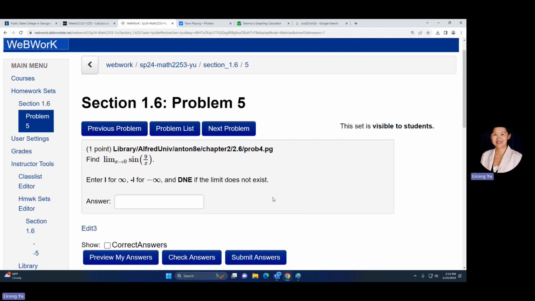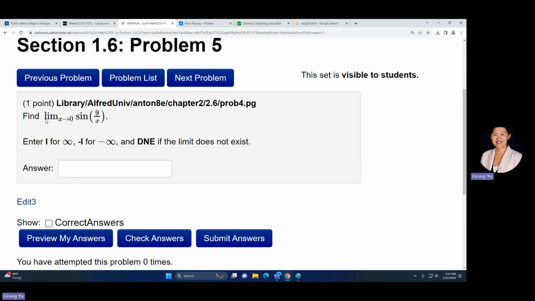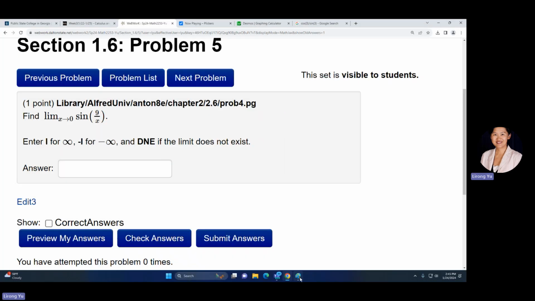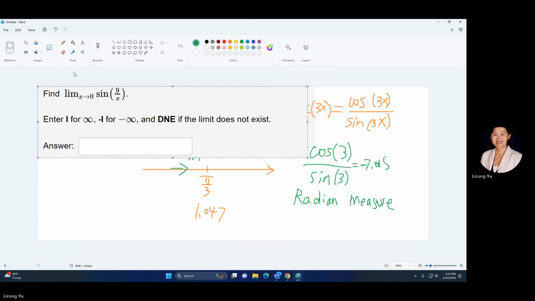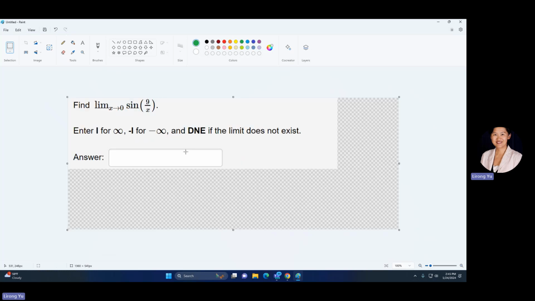All right, one more example on trig. All right, so this is number 5, and let's see what is the limit. We do have a sine function. The x is approaching 0.